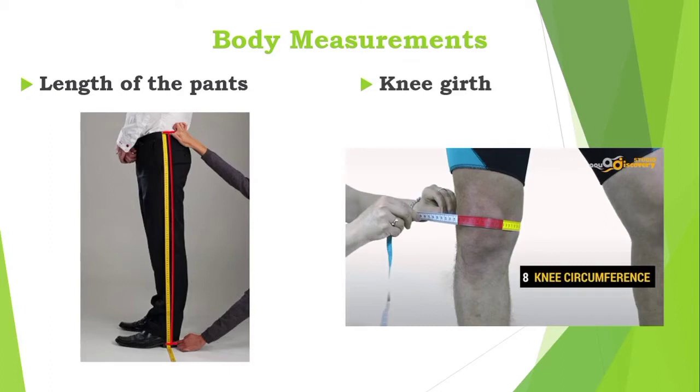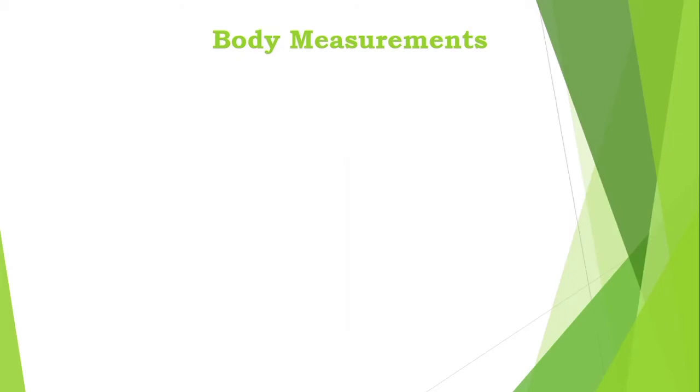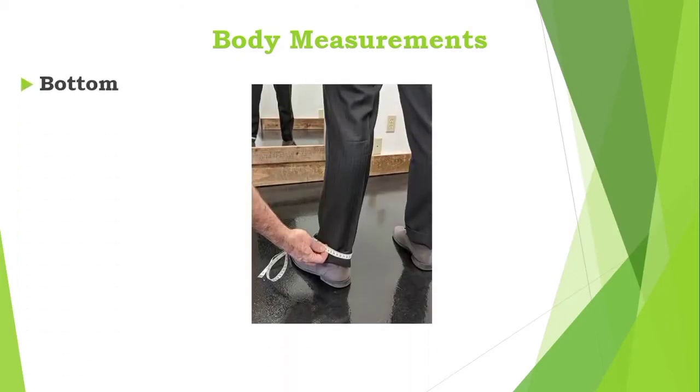Knee girth is another term for your knee circumference. Bottom. Taken around the ankle of the leg as width of the lower part of the pants. So this is how you are going to take the bottom. It is simply the circumference of the bottom part of your pants.